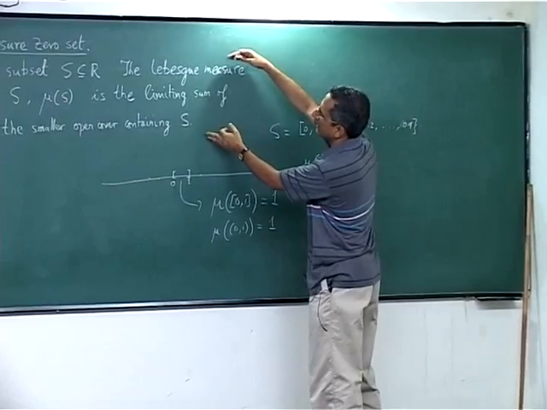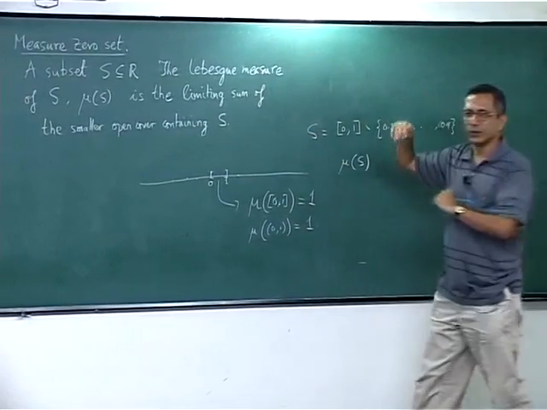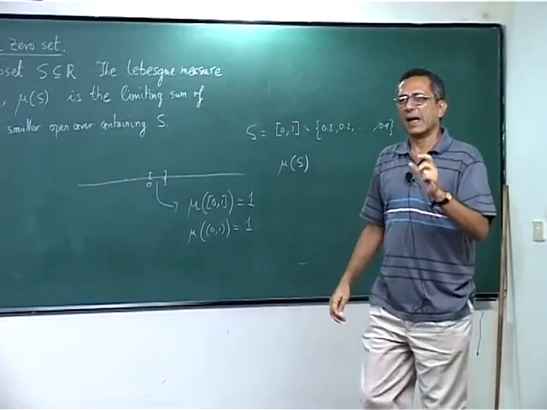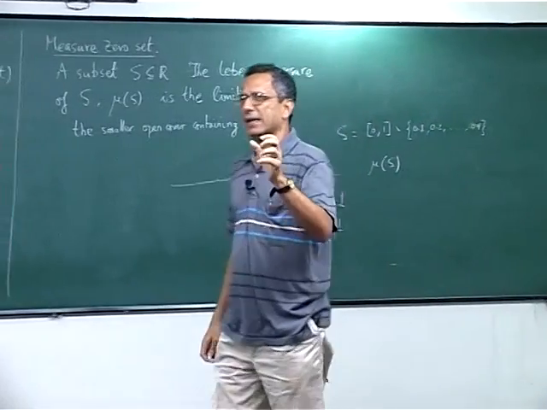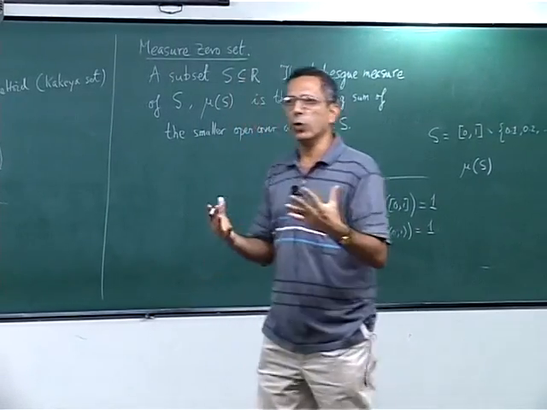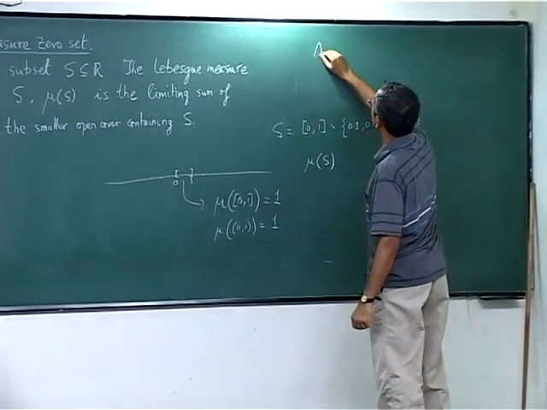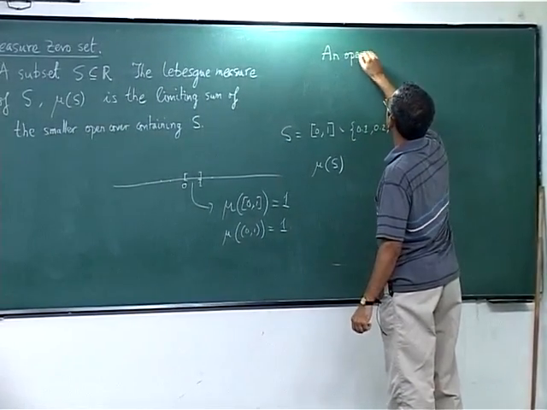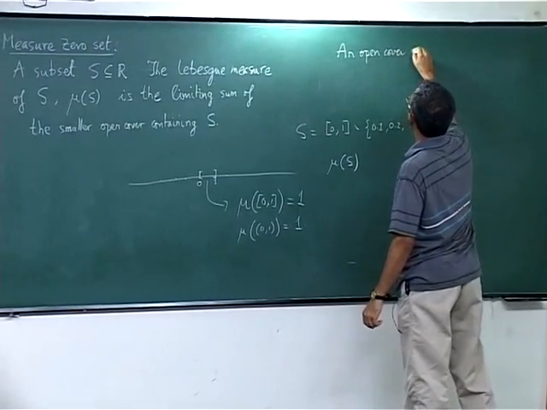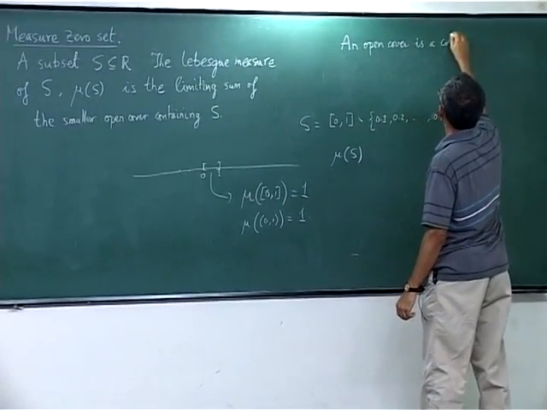But can we try to fit the definition that I was trying to write down here to define the measure of the set? I want an open cover for this set. What do I mean by an open cover? An open cover is a collection of open intervals.